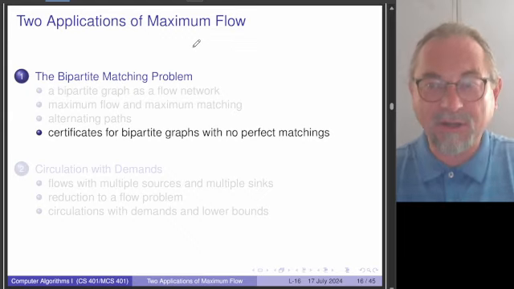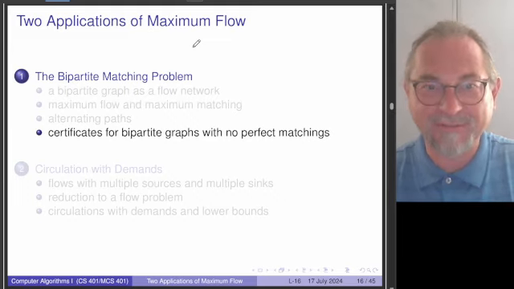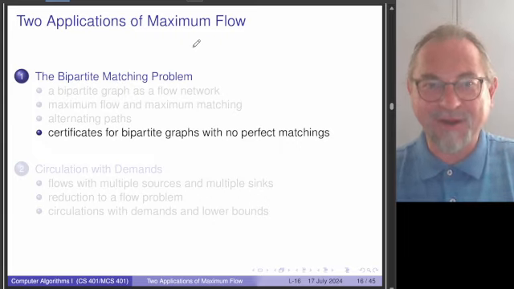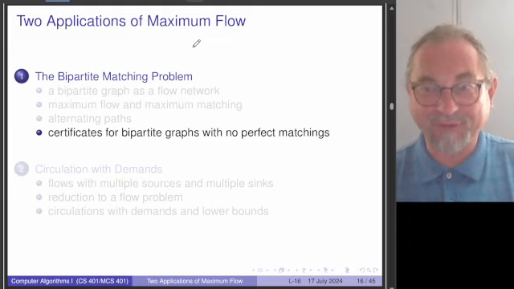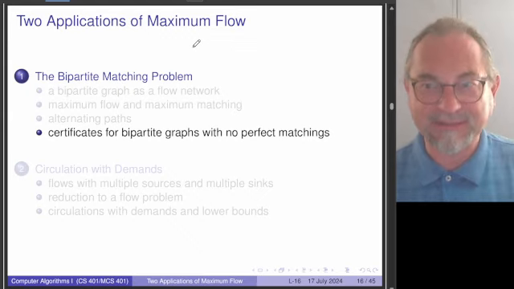Okay, so what if there is no perfect matching, which is bad if you have to schedule workers and you want to keep everybody busy. You kind of want to have a proof, a certificate, that no such perfect matching exists.